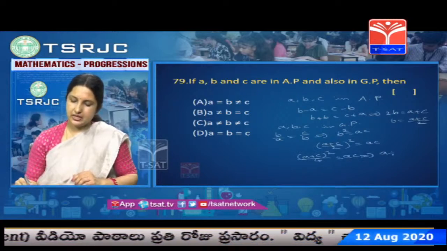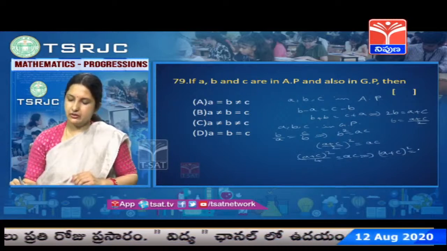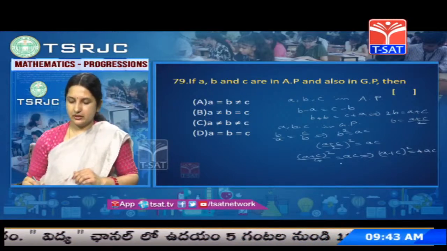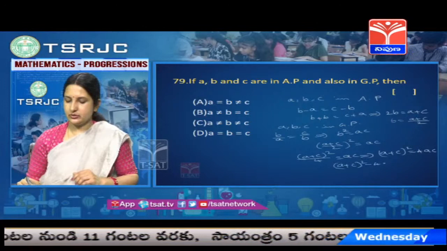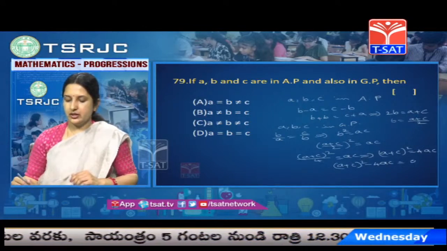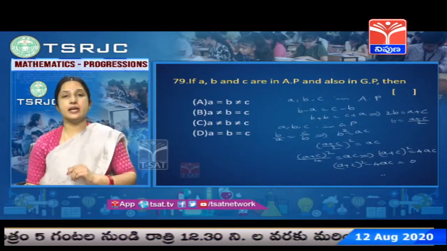Then (a plus c) whole square equals 4ac. Now (a plus c) whole square minus 4ac equals 0. Now can we write this as (a minus c) whole square?